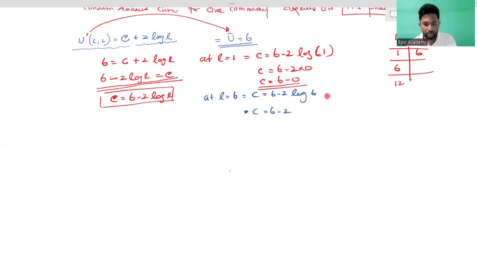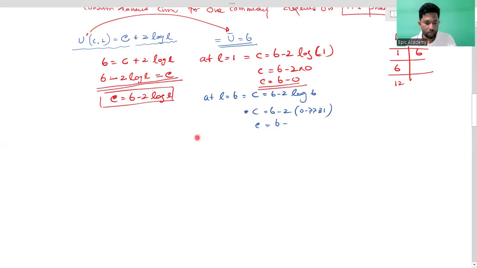We need to calculate log 6 within brackets. Log 6 becomes 0.7781, something like that. C equals 6 minus, then you multiply that value by 2.